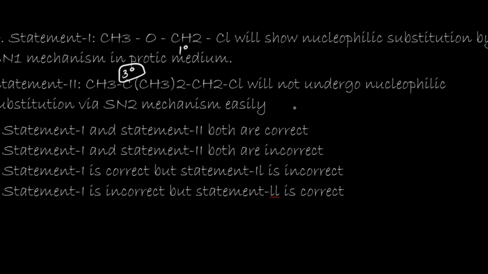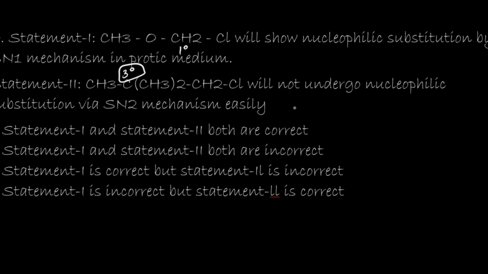While it is a primary carbon, the presence of the O group is crucial and they are doing their work. In protic medium, the resonance stabilization becomes particularly important, isn't it? So it can proceed. I gave you the table, isn't it? What favors SN1 and what favors SN2.